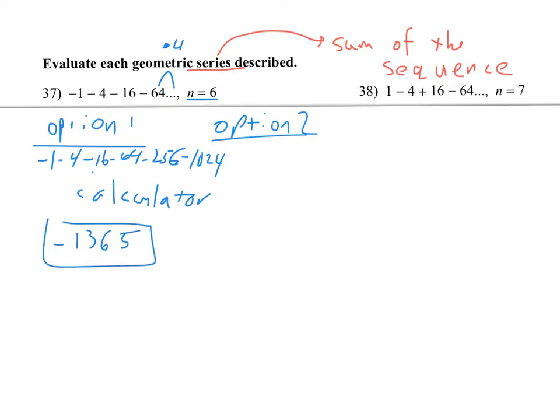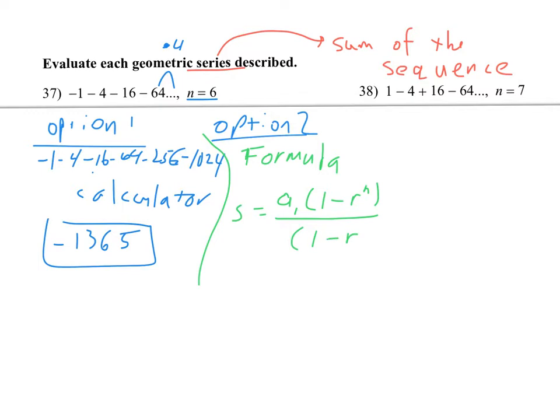Now, the other option for this is there is actually a formula for this. And so I'll write that down if you'd rather use the formula. The formula is the sum equals a sub 1, so that's the first term, times 1 minus r to the power of n over 1 minus r.